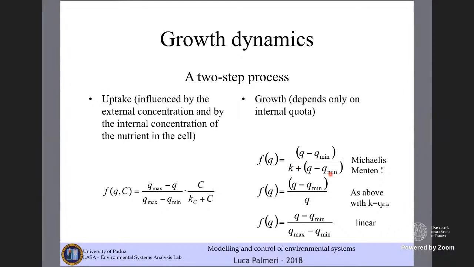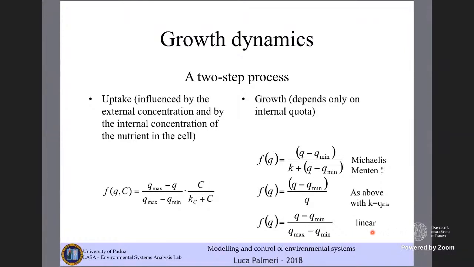The first one is a Michaelis-Menten approach in which the variable is the distance from the minimum internal concentration allowing algal growth. Or we may employ a Michaelis-Menten approach in which the semi-saturation constant is exactly equal to the minimum allowed internal concentration, or a classical linear approach.